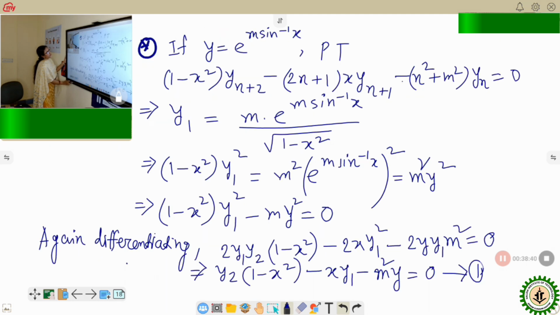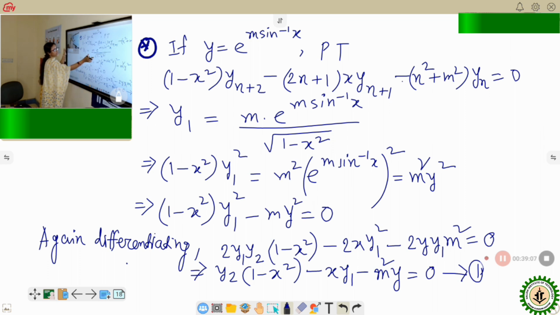Okay, now just like the previous one, if we take another problem as y equals e to the power n sin inverse x, prove that this one. What will be our process? The same process, just do the first order derivative. After the first order derivative, it is coming n into e to the power n sin inverse x divided by root under 1 minus x square.